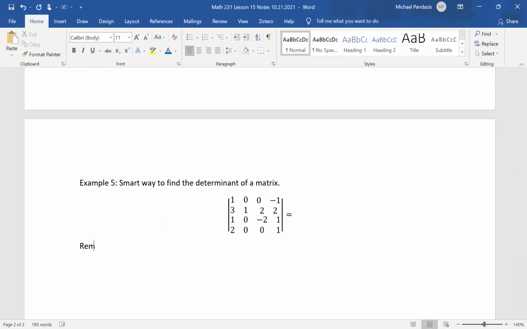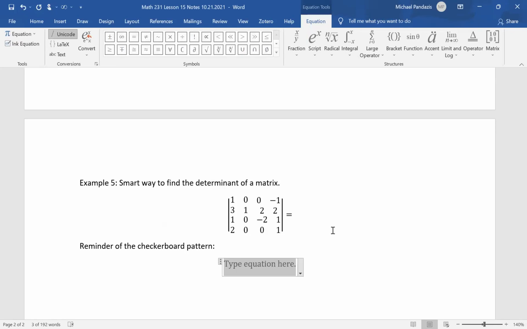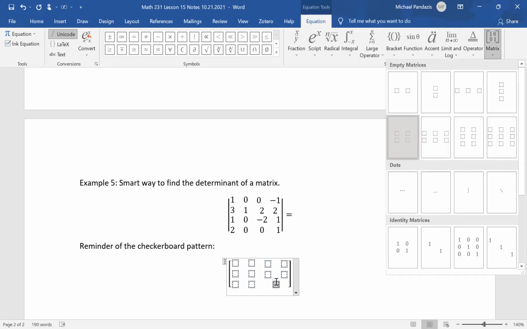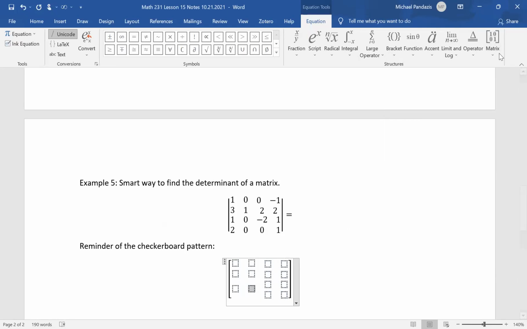Below, I'm just going to give a reminder of the checkerboard pattern. We had a checkerboard pattern in which we determined the positive or negative sign for the minor in order to get the cofactor of an entry.